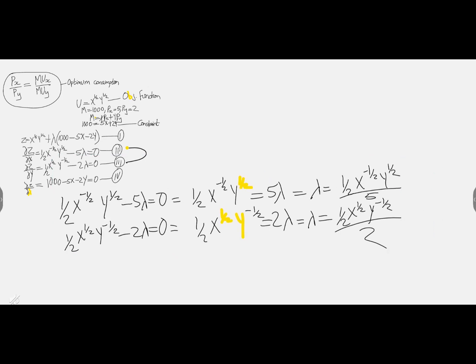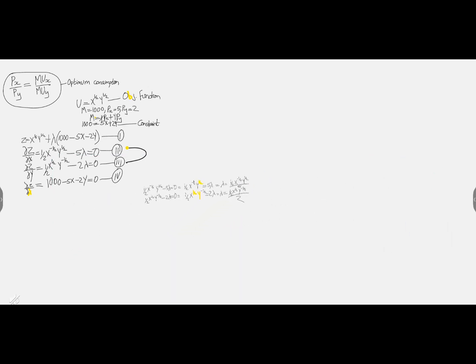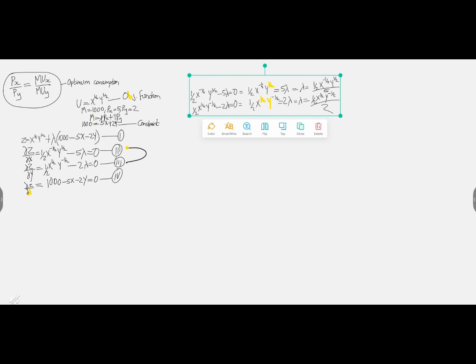So you can now equate the two. Since this is equal to lambda and this is equal to lambda, you can equate them. So that's half times x raised to power minus half times y raised to power half over 5 is equal to the other expression, since this is lambda and this is also lambda.